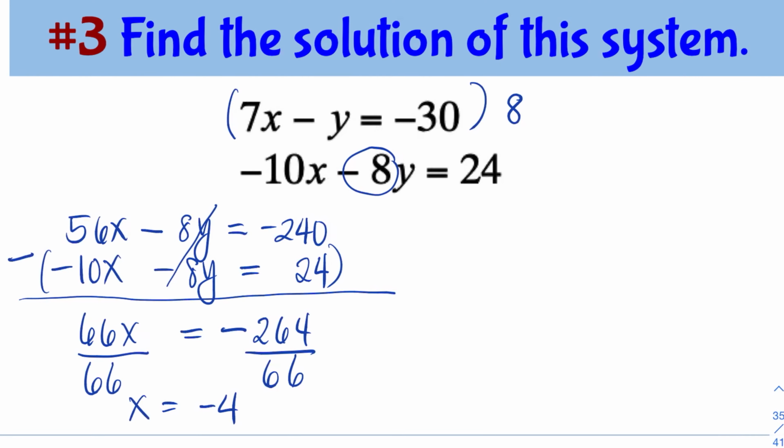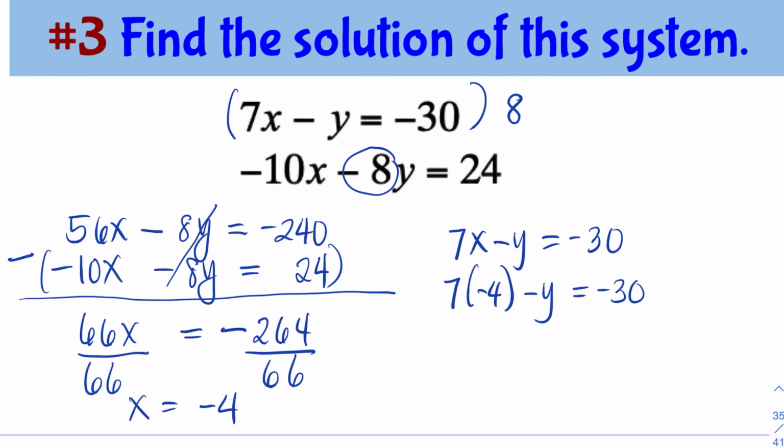Now let's solve for y. I will be using the first equation, 7x minus y equals negative 30, to solve for the y value. So we have 7 times negative 4 minus y is equal to negative 30. This equation is the same thing as negative 28 minus y is equal to negative 30.